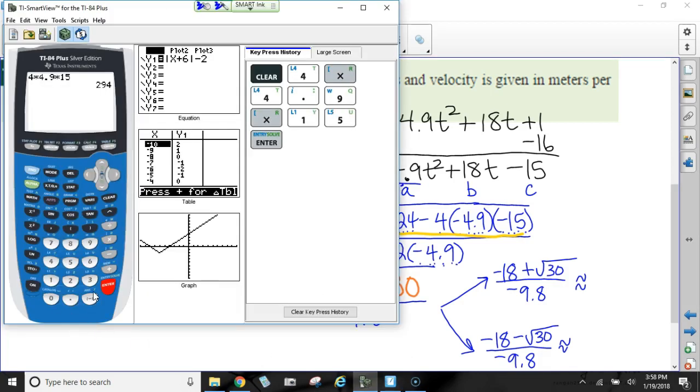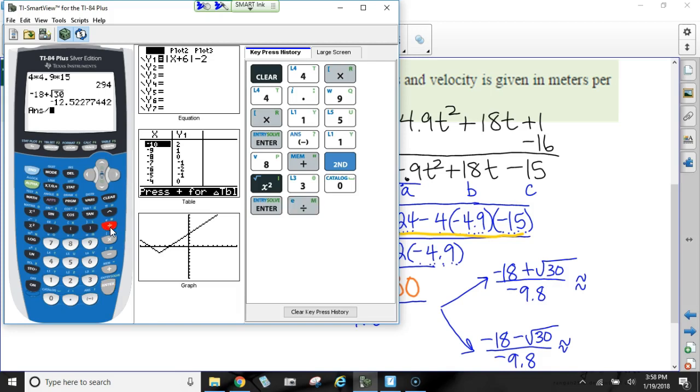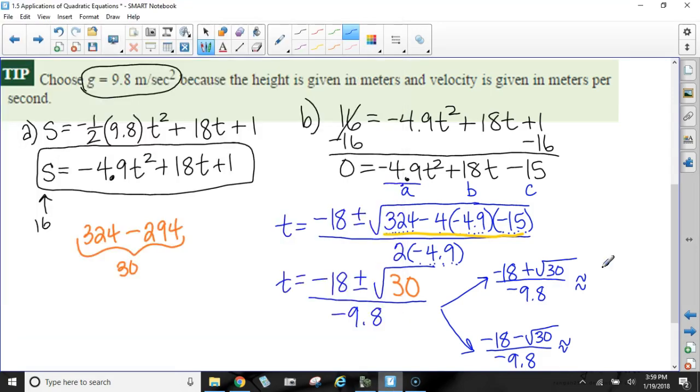When I take negative 18 plus the square root of 30 and divide that by the denominator of negative 9.8, we end up with 1.277, rounded to the nearest tenth. That would be 1.3 seconds.